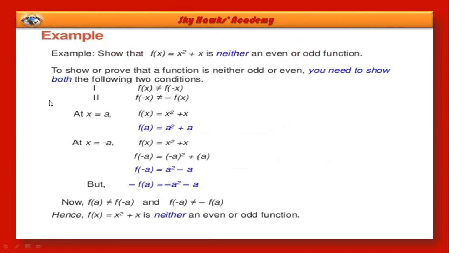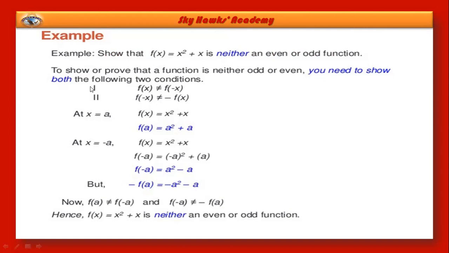Now look at this example. It will explain how we can say a function is neither even nor odd. Show that f(x) is equal to x squared plus x is neither an even nor odd function. To prove that a function is neither odd nor even, you need to show both of the following two conditions.